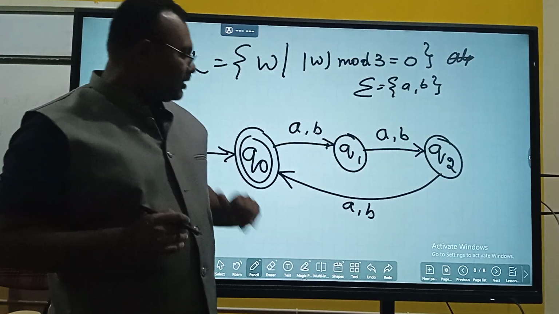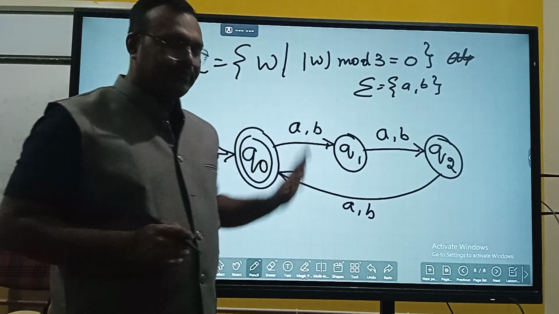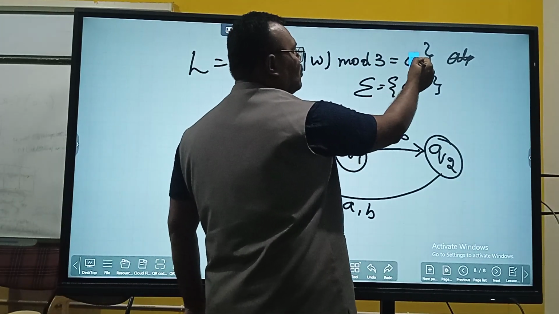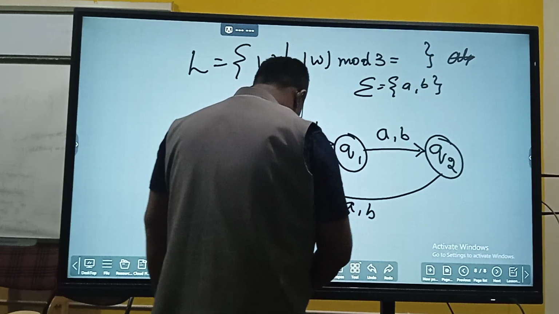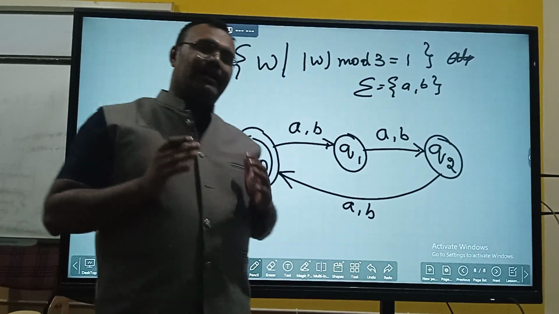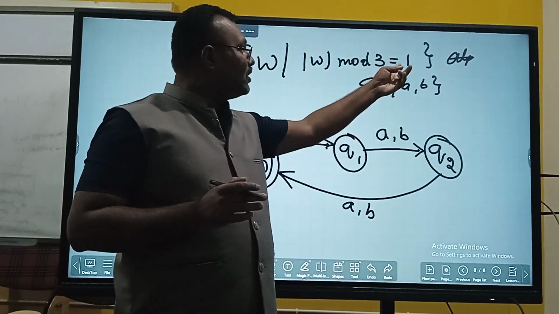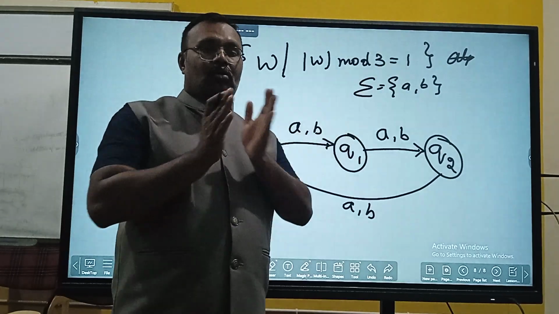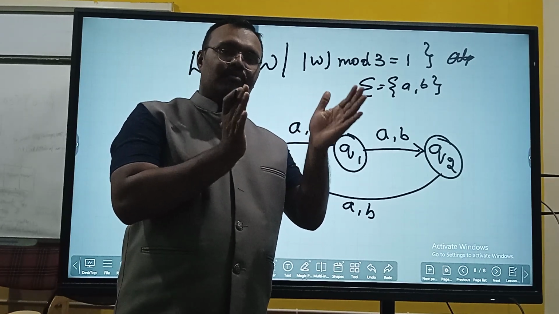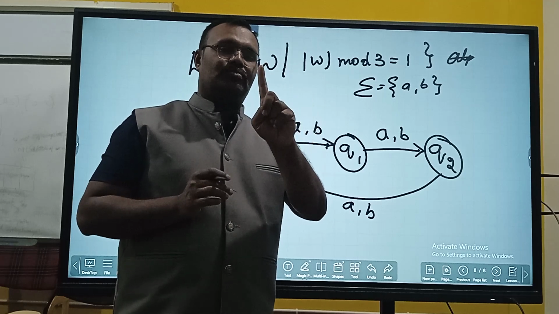Now here, in the same problem, if they change this particular value from 0 to 1, what are we supposed to do? So what they are trying to tell you in this particular problem is, whatever the string length you take, when you divide it by 3, the remainder value should be 1.